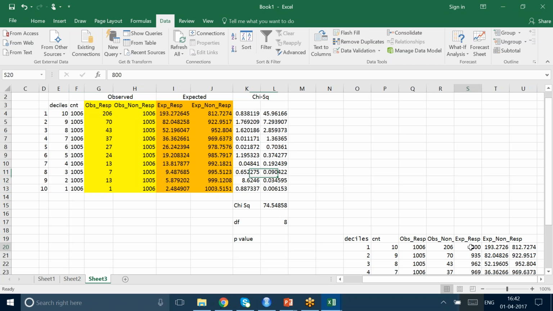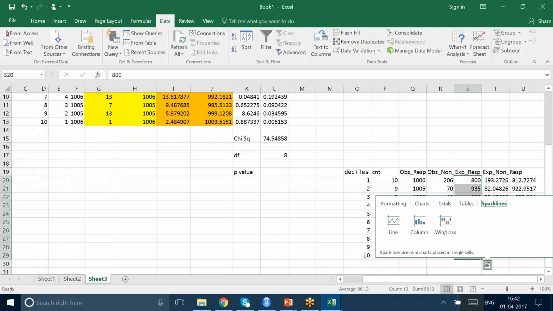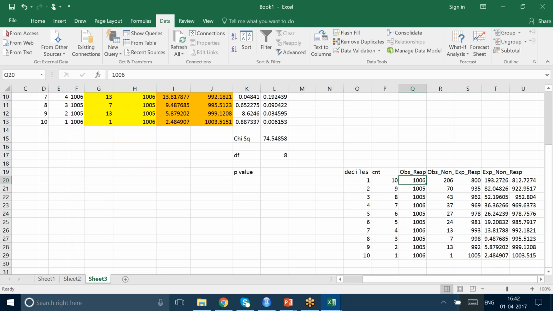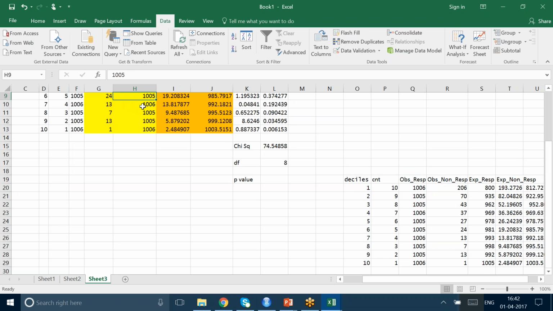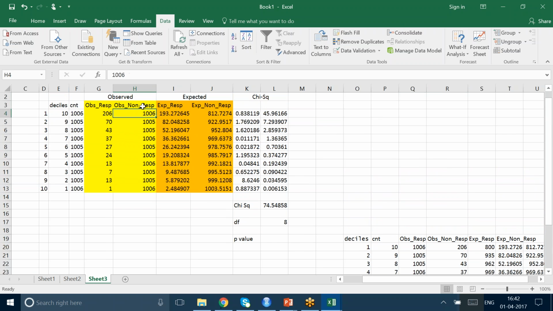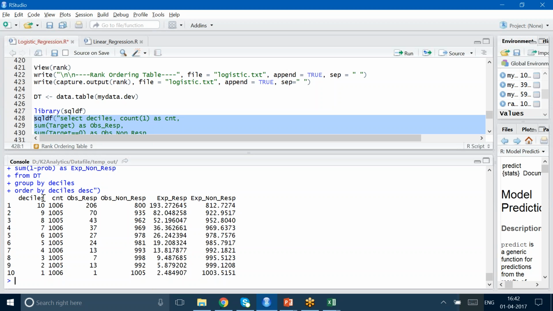So if I correct this row, the observed responders and observed non-responders, I have to take that number from here. So I have to take this entire table.